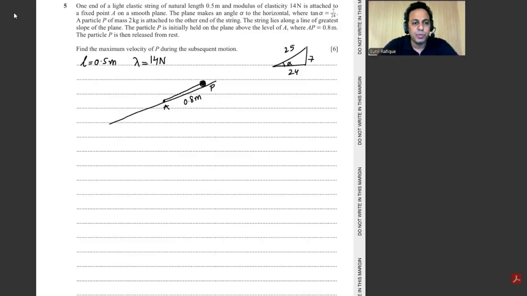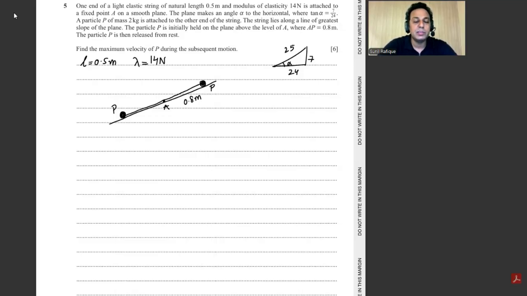So it starts moving now. Find the maximum velocity of P during the subsequent motion. When the particle P starts moving, it will definitely go to the other side, and we're not sure how stretched the string will be then, but we can check that since it's the maximum velocity we are trying to get.